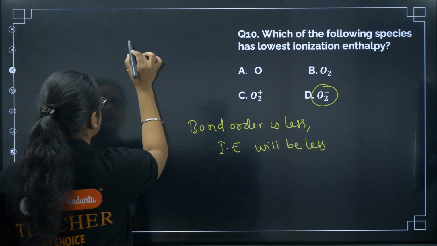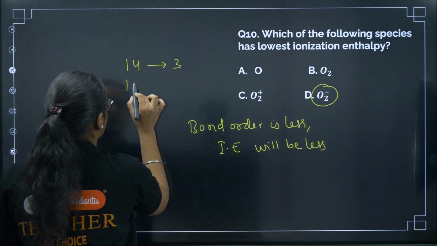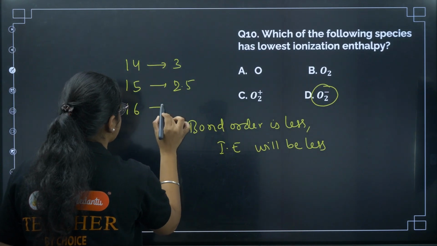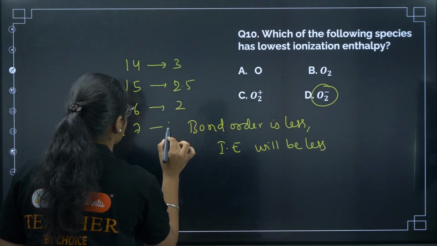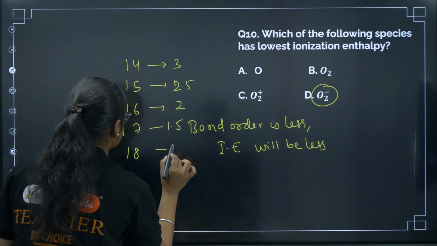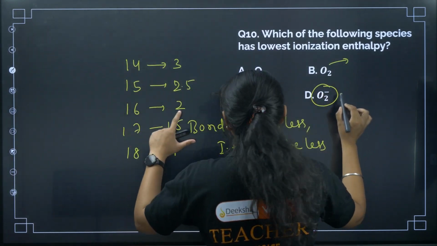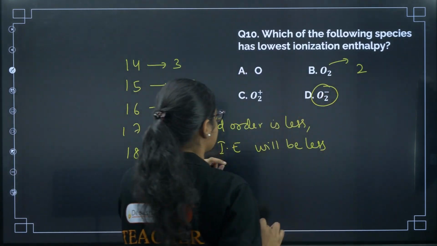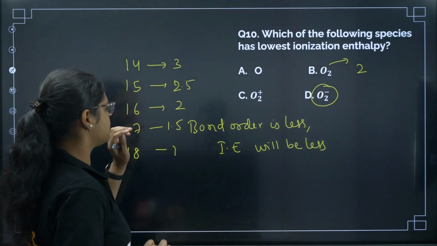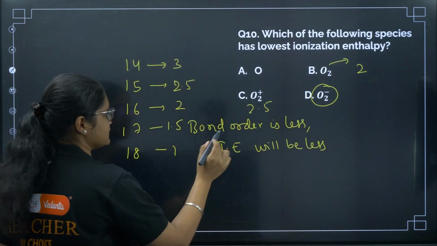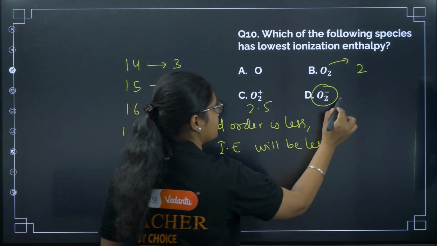For 14 electrons the bond order is 3, for 15 it is 2.5, for 16 it is 2, for 17 it is 1.5, for 18 it is 1. Now O2 is 8 plus 8, 16, bond order is 2. O2 plus is 16 minus 1, that is 15, so that is 2.5. For O2 minus, 16 plus 1, 17, that is 1.5.